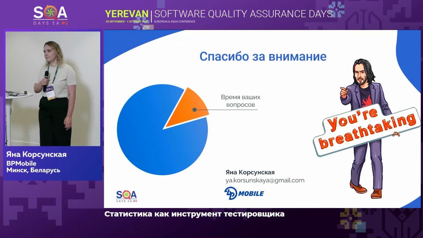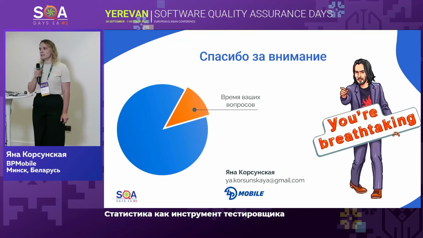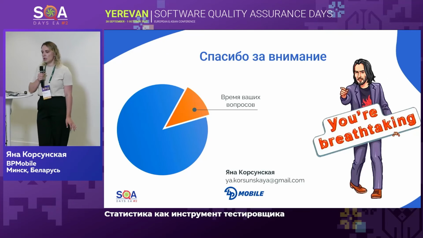I have a question. Out of your experience, what statistical services did you enjoy the most? You mean basic ones? What I can say is what I have worked a lot with: Firebase, Amplitude, Google Analytics.